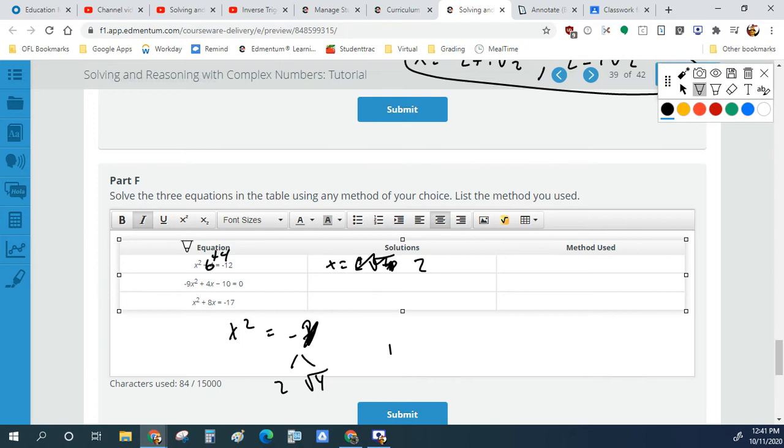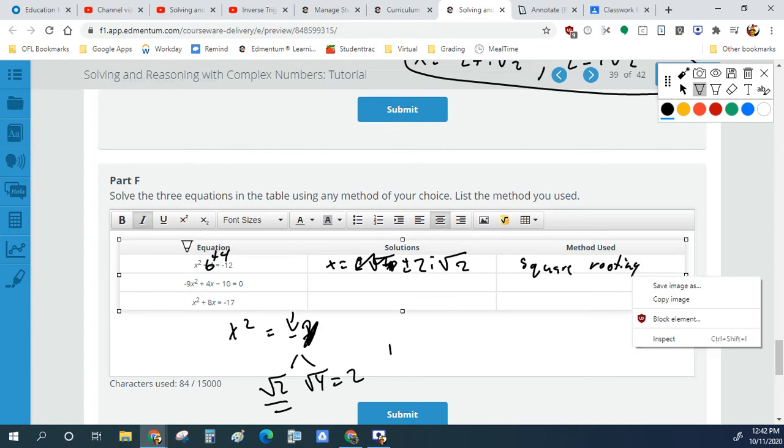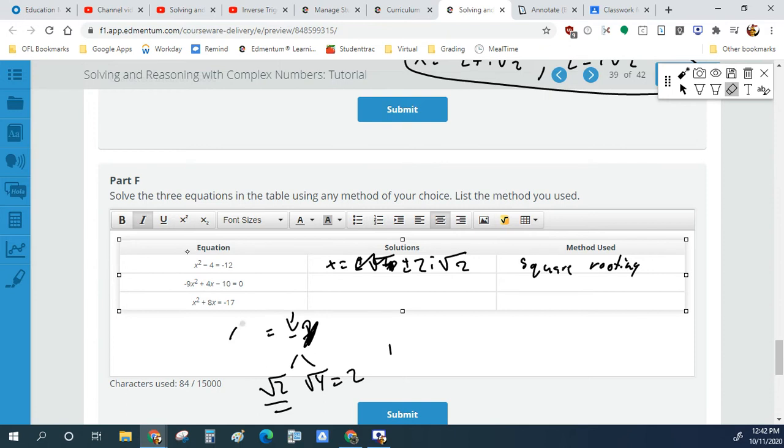And because it's the square root of negative 8, don't forget this negative, I have this I. And this one, since he's by himself, stays inside. So it's plus or minus 2I square root 2. So the method I would use here would be square rooting. And obviously we already know about imaginary numbers, so I don't have to say it's the imaginary number method.